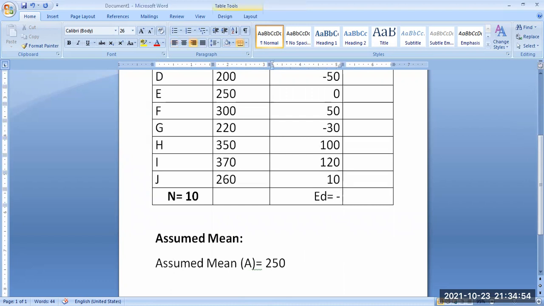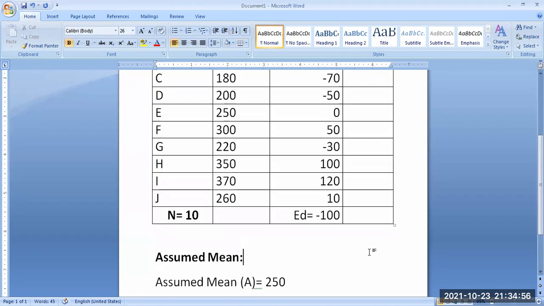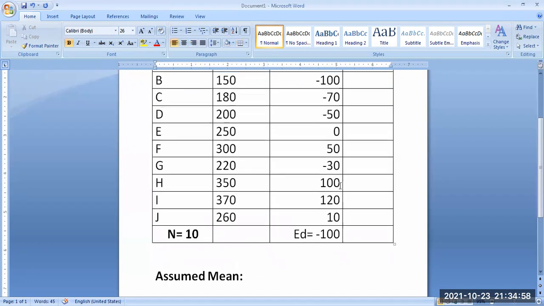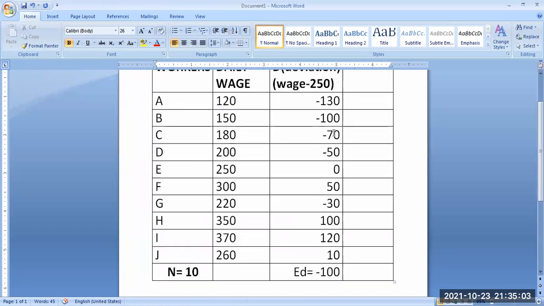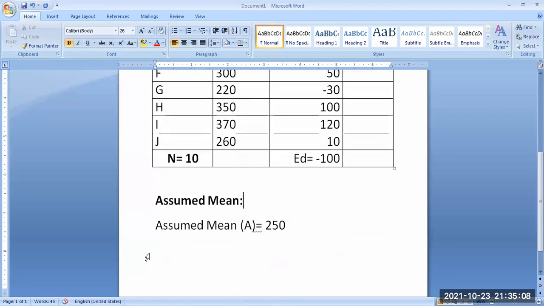Please check once and cross-check. We require the sigma D value also in the formula, and for me sigma D is equal to minus 100. N is also required, and n is 10 in this case.